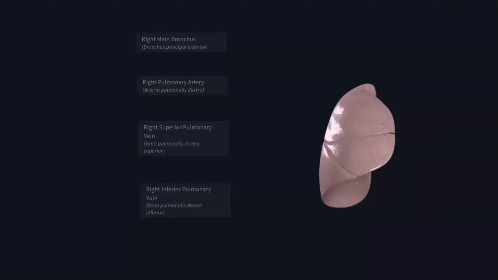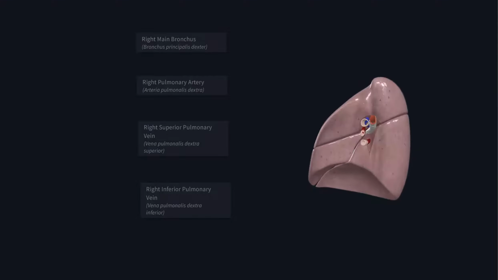We'll start now with the right lung. There is a very nice mnemonic called RALS. RALS means right anterior and left superior. What this means, I will let you know now.